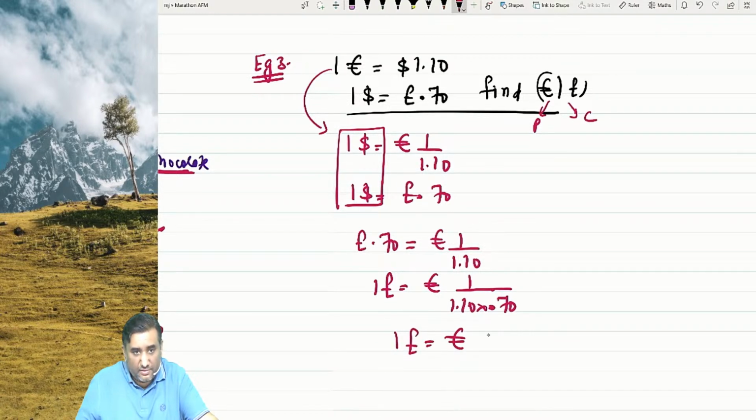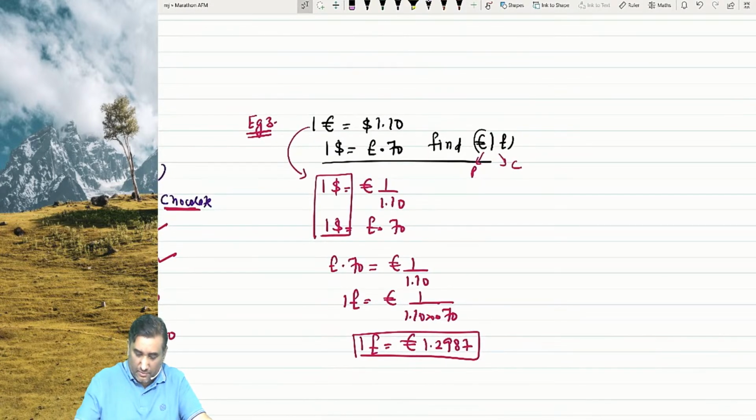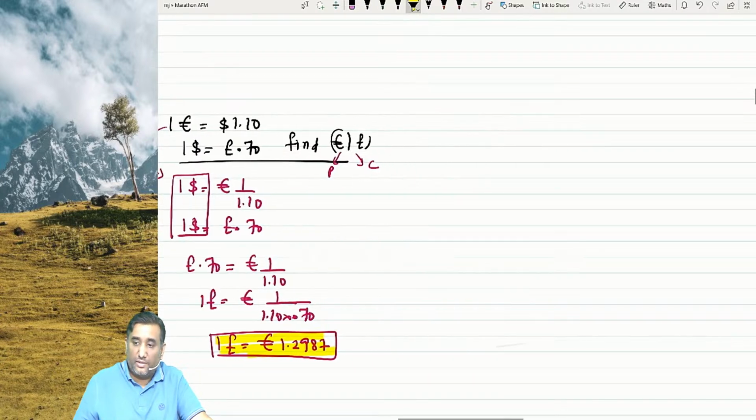How much do we get? 1.29, 1.298. £1 is equal to euro 1.298.